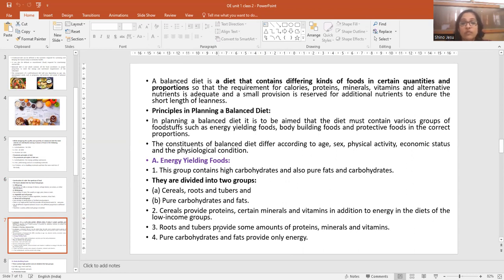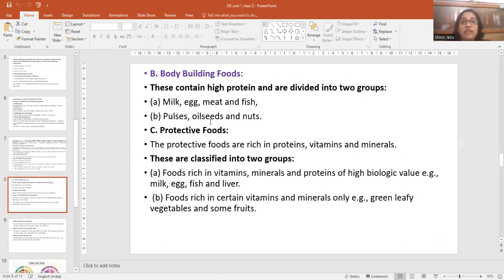Roots and tubers provide some amount of protein, minerals, and vitamins. And pure carbohydrates and fats provide only energy. The bodybuilding foods contain a high amount of protein, and they are also divided into 2 groups: milk, egg, meat, and fish, and pulses, oil seeds, and nuts.